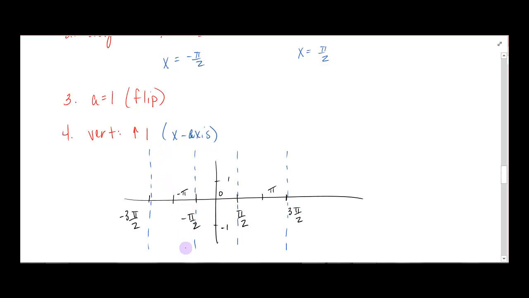But I'm not quite there yet because I need to address the vertical shift here. Since the entire graph has been shifted up by 1, I'm going to draw another x-axis, an imaginary x-axis, here at 1, because that's where I have shifted everything.